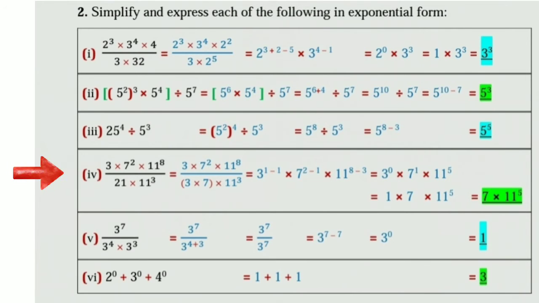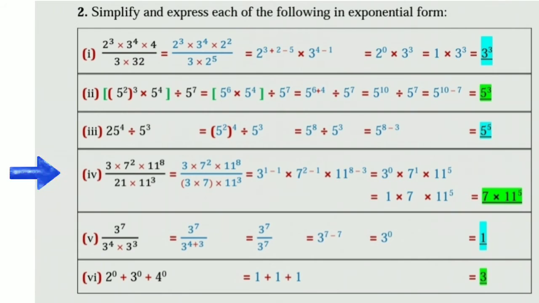Fourth one, 3 into 7 square into 11 raised to 8 upon 21 into 11 raised to 3. Student, we have to simplify 21, that is, we have to find the factors of 21, which is 3 into 7. So our question is 3 into 7 square into 11 raised to 8 upon 3 into 7 into 11 raised to 3.